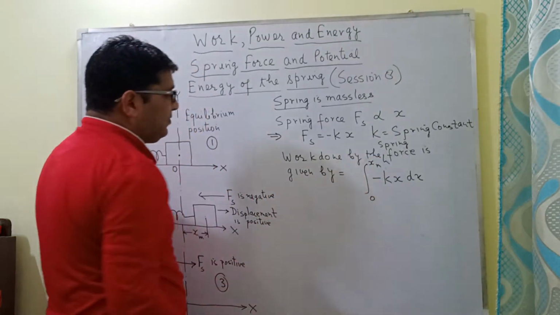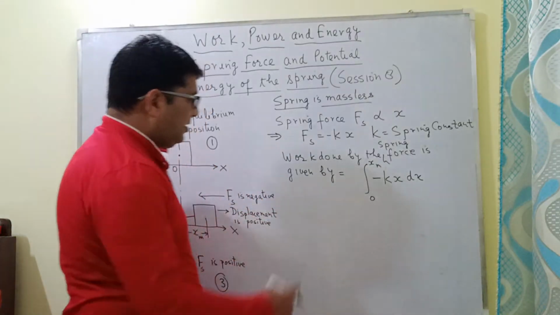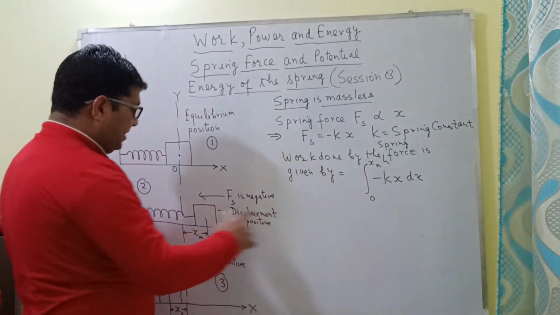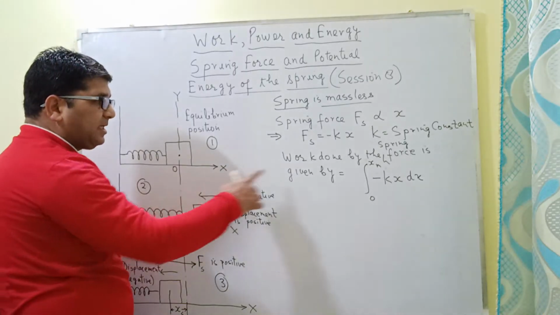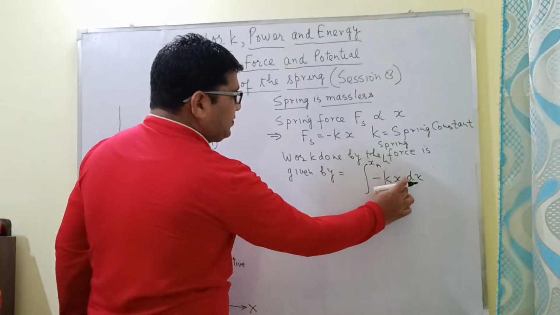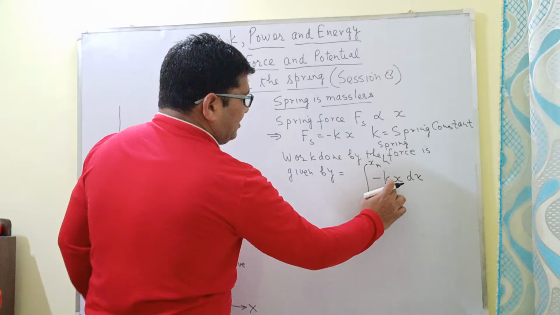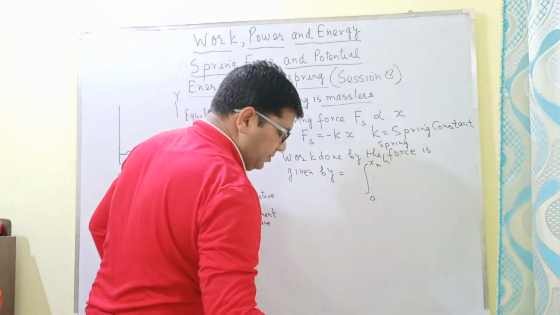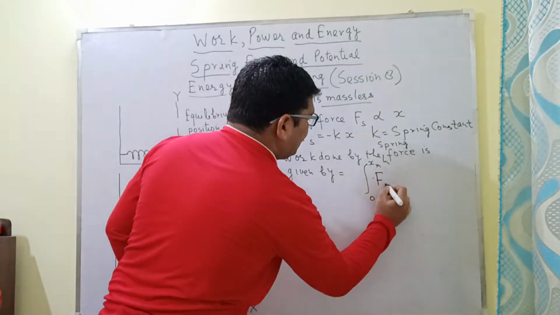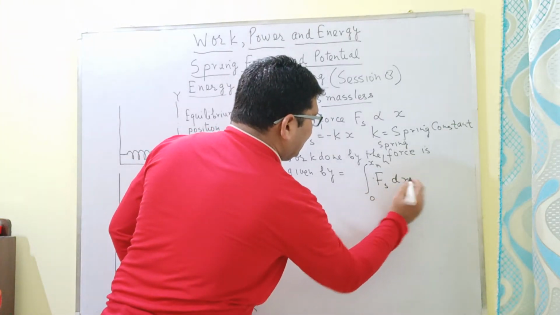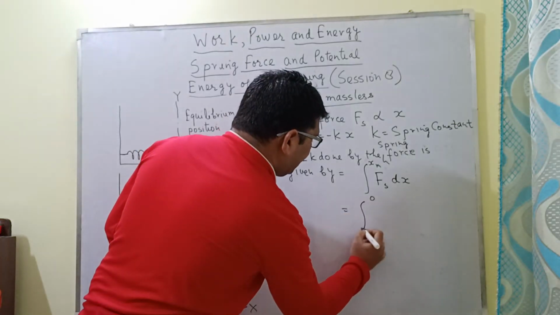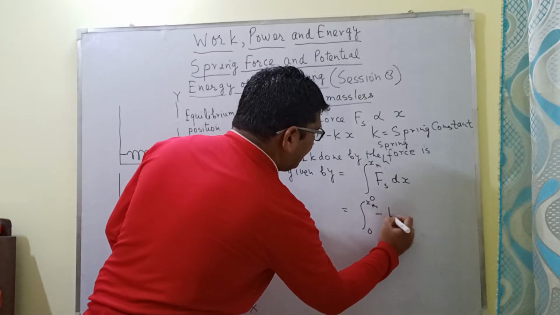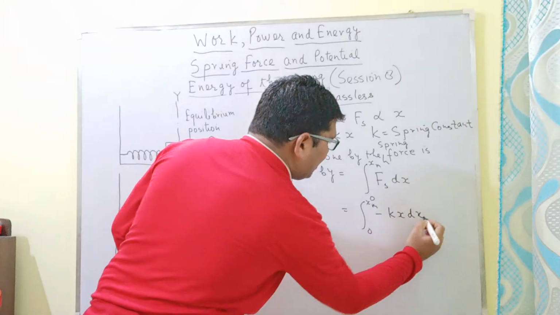So the work done by the spring force will be given by this integration from 0 to xm, where 0 is the equilibrium position, xm is the displacement, and kx is the force. Basically, I can just write it like this: Fs dx, from 0 to xm of minus kx dx.